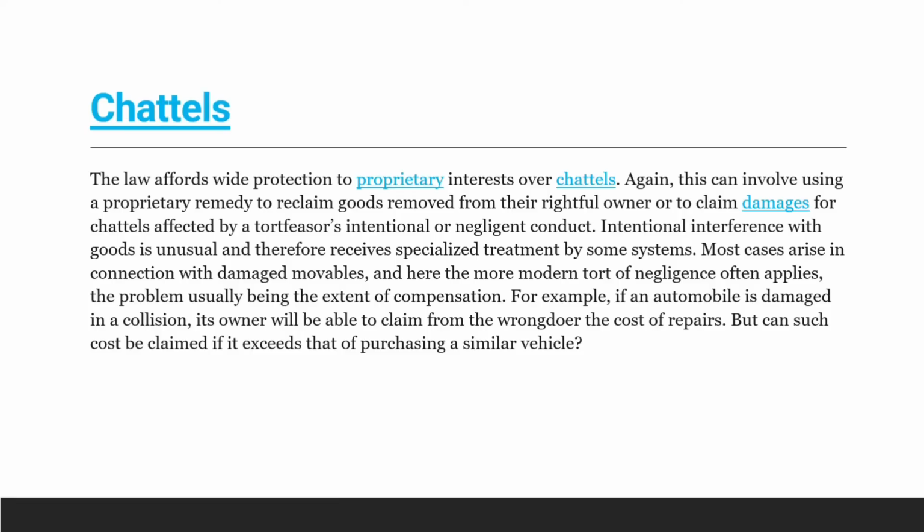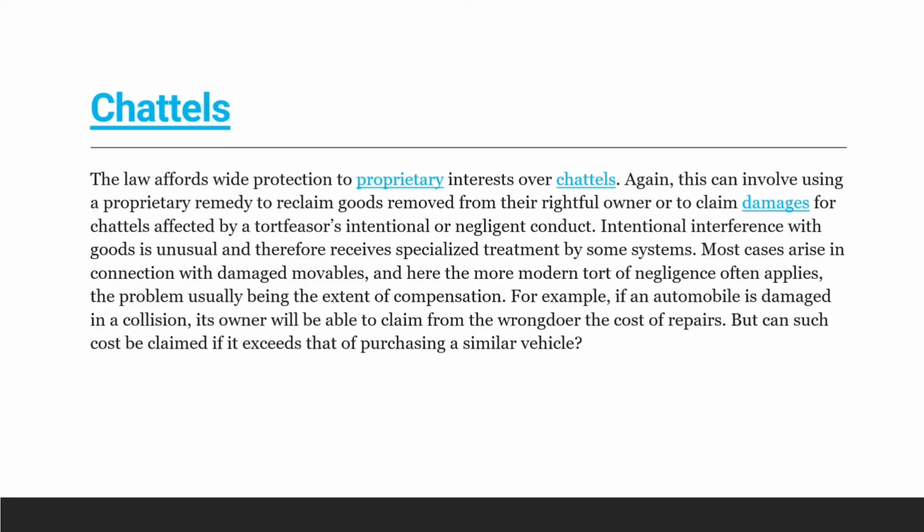Intentional interference with goods is unusual and therefore receives specialized treatment by some systems. Most cases arise in connection with damaged chattels, and here the more modern tort of negligence often applies, the problem usually being the extent of compensation.